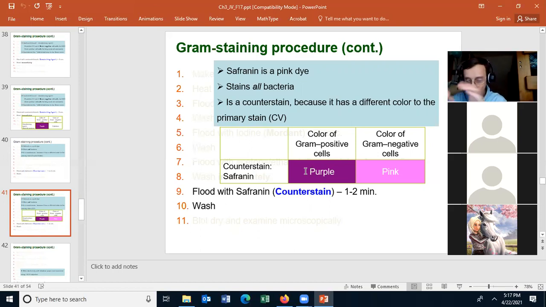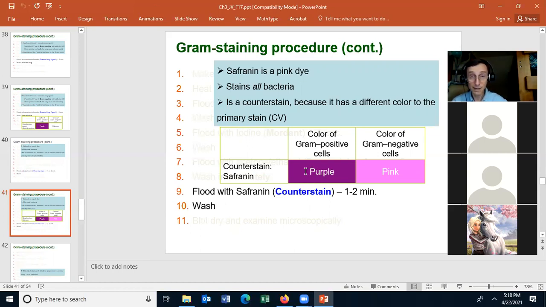And of course, you look in other locations of the cell, you'll see more purple stain and more pink stain. So you do have the pink stain in there, but it's a less intense color than purple. And to our human eye, we only see the purple because it overpowers the pink.